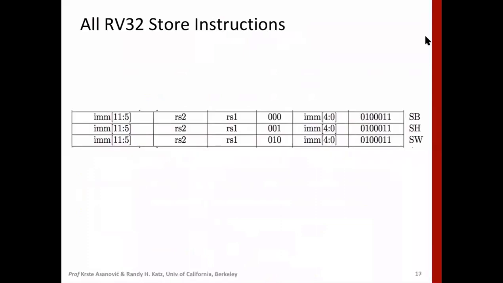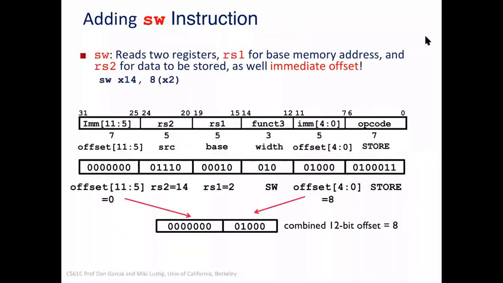Next instruction is the store instruction. We have seen that store word is most popular, and then we have store byte and store half word. The format is as follows. Note that LW and SW have different formats, which you would have studied by now. Both LW and SW use a base register, and this is RS1.